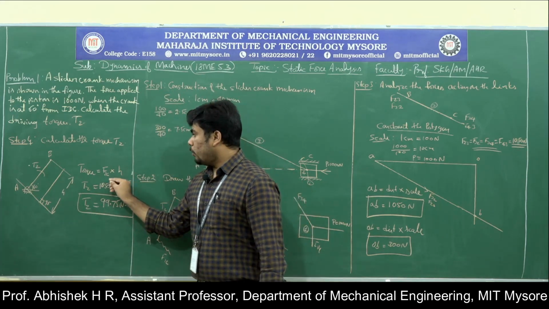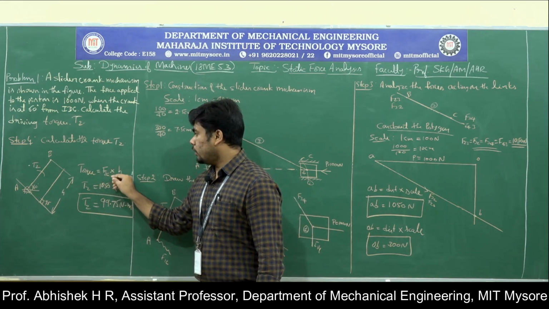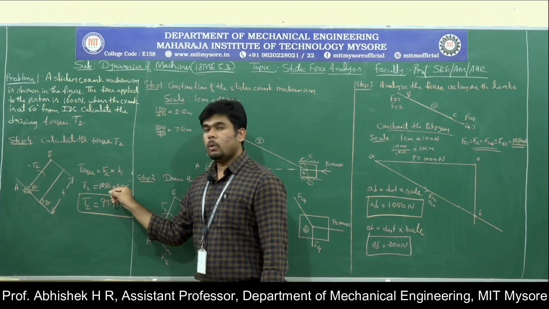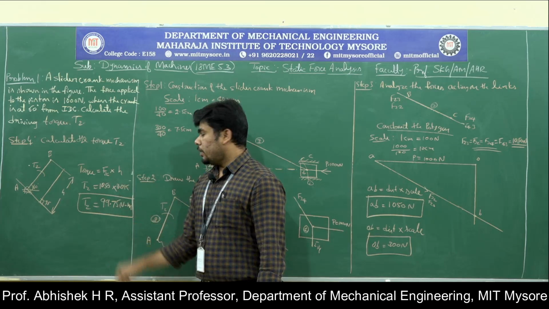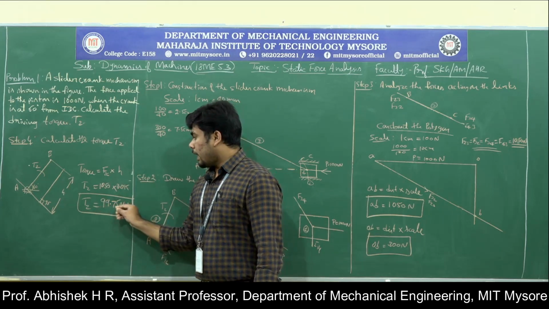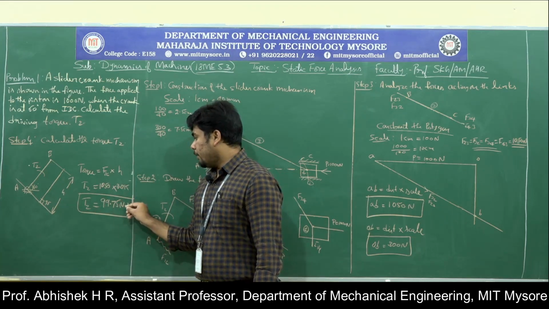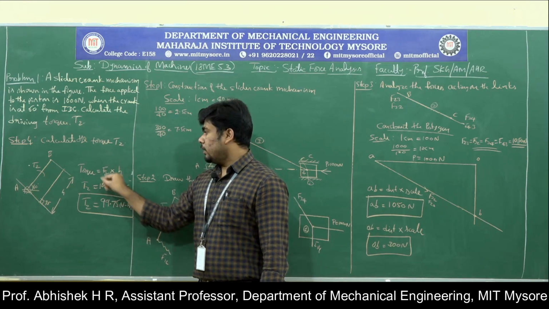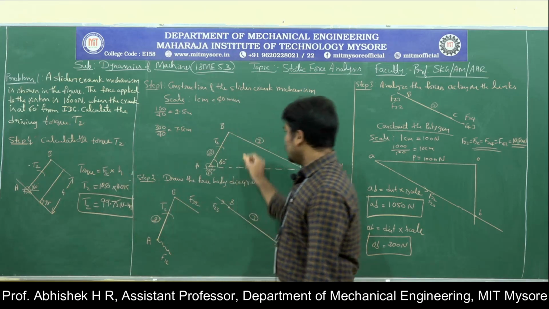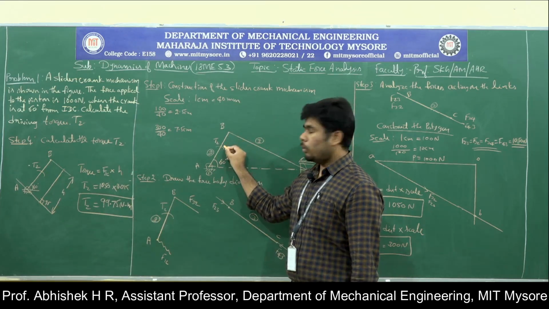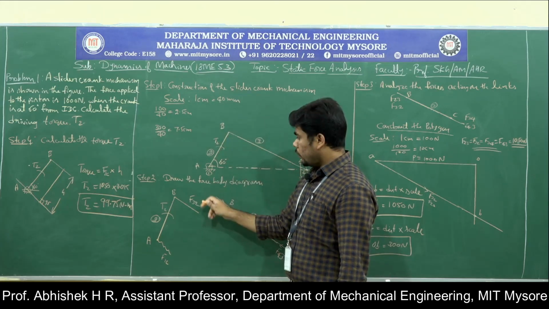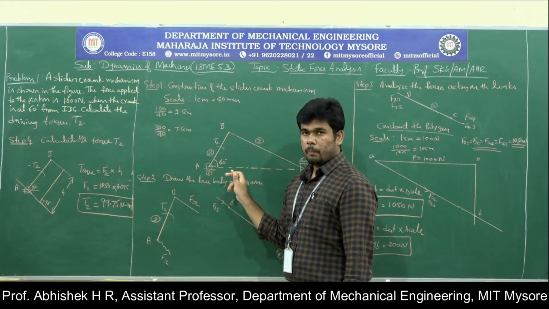Then we know the formula, that is torque is equal to F32, means the force, into the distance. That is how much here? 1050 into 0.095. So we'll get torque as 99.75 Newton meter. Here I have taken F32 because on the link 2 we have the forces F32 or F23, and here I have F12.